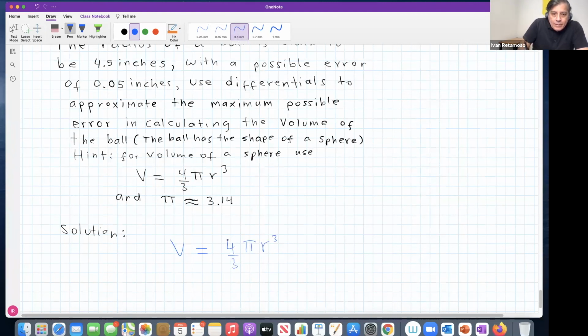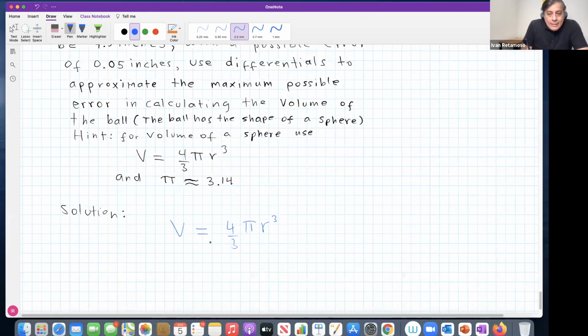Next step, we are supposed to go from this equation to the differentials equation. So we're going to do dV, but remember the dr goes here. We're used to putting it down here, but the dr was over there.